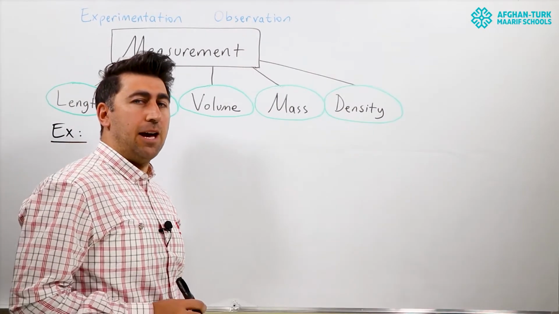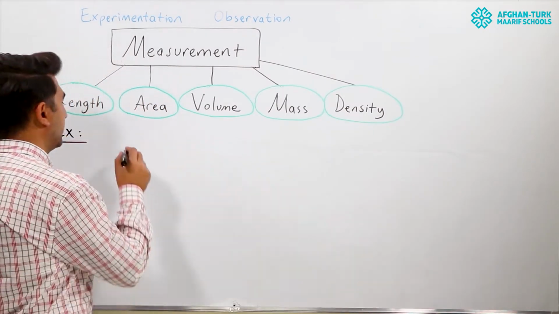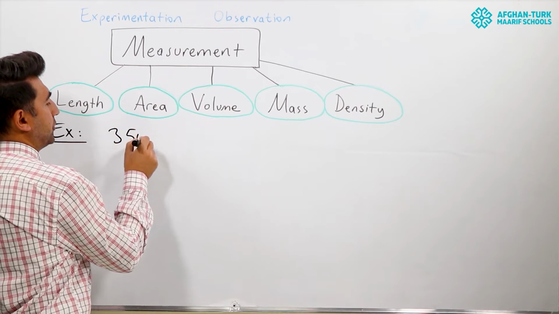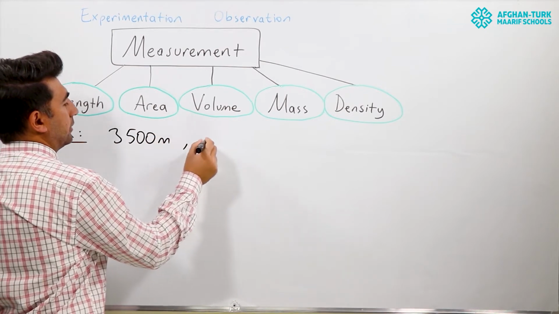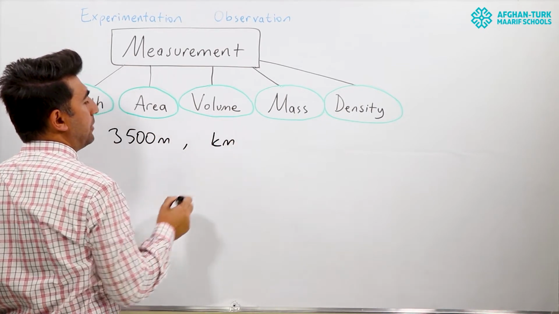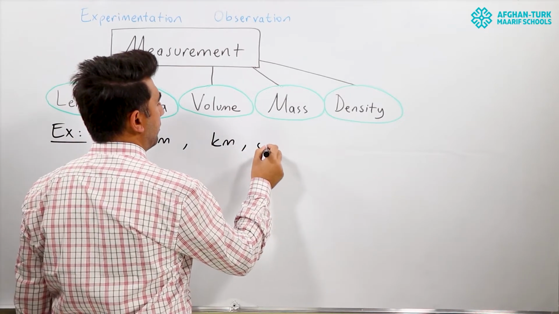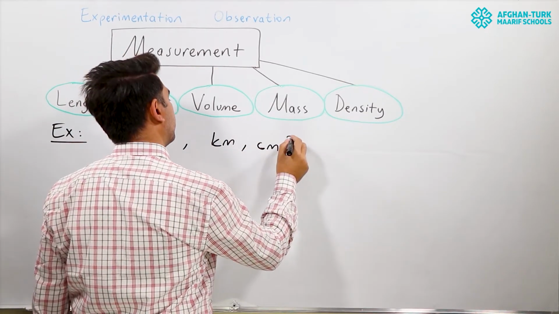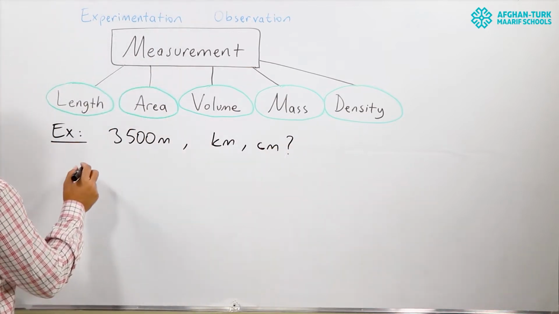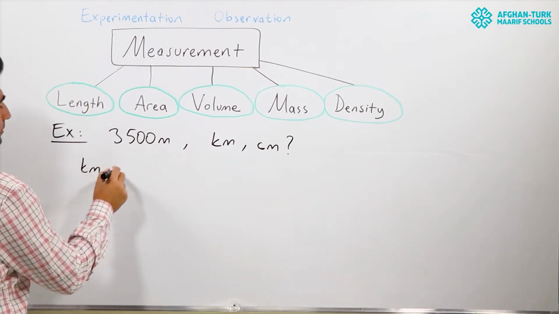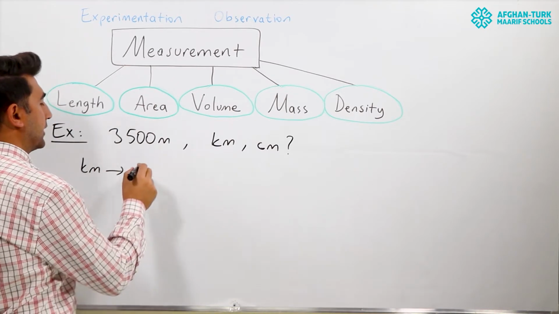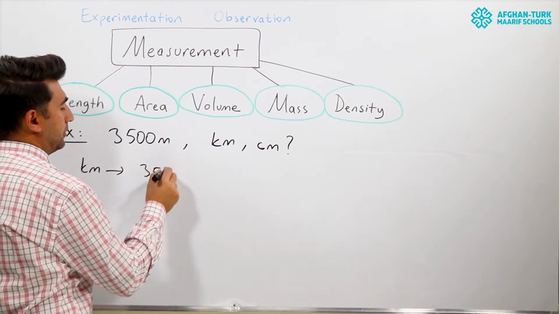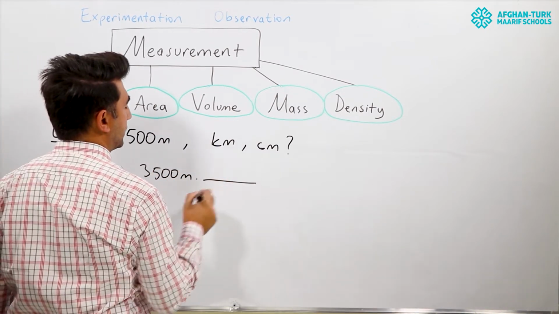Continue. Let's say we have 3500 meter and we are trying to find how many kilometers and how many centimeters it will be. To find the kilometer, first I will write the given number, 3500 meter, times.